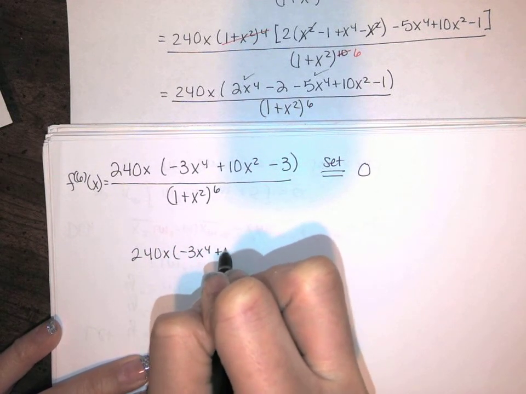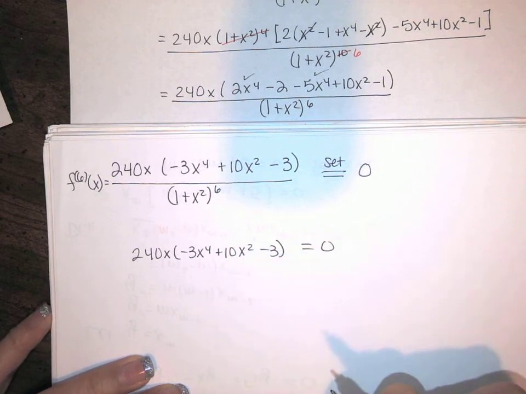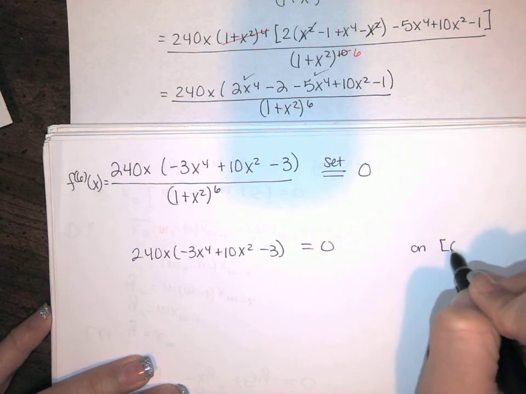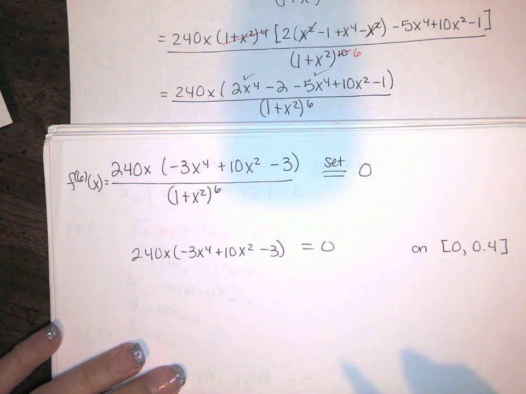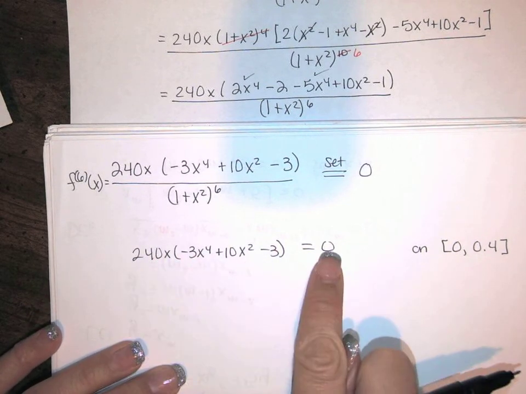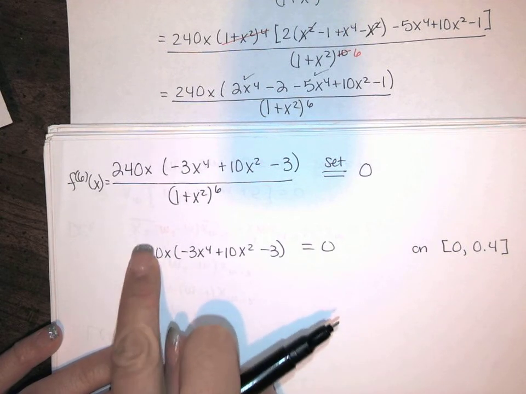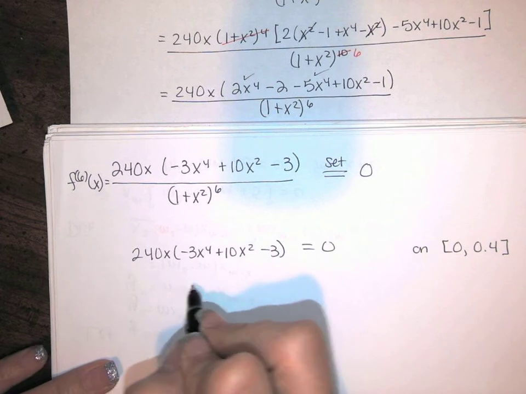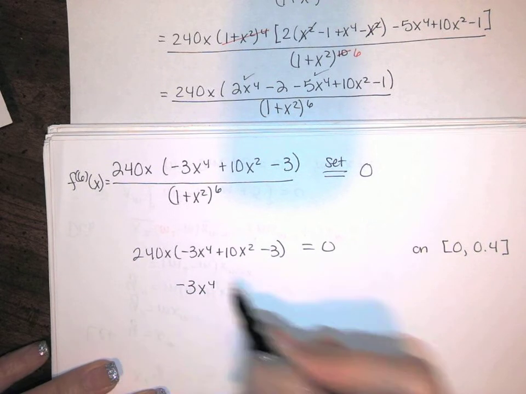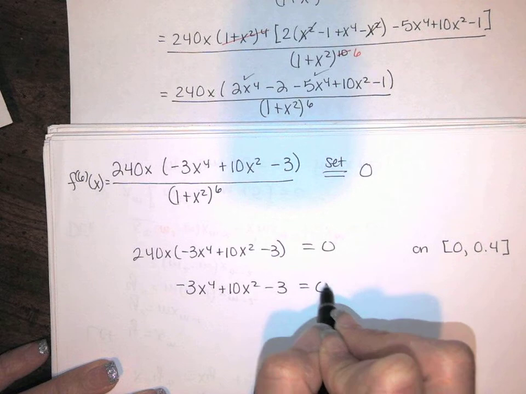And we're looking for this derivative to be 0 on the interval from 0 to 0.4, not including 0, not including 0.4. So this times this is 0 when this is 0, or this is 0, but we're not interested in when this is 0, because when x equals 0, we already tested that. So the only other possibility is that we've got -3x to the 4th plus 10x squared minus 3 is 0.